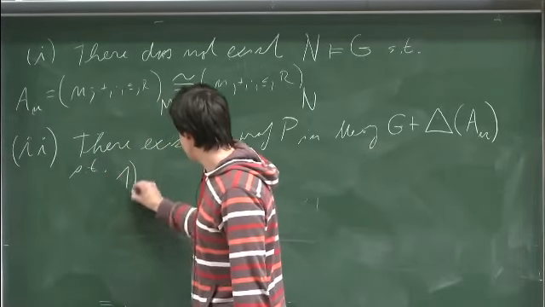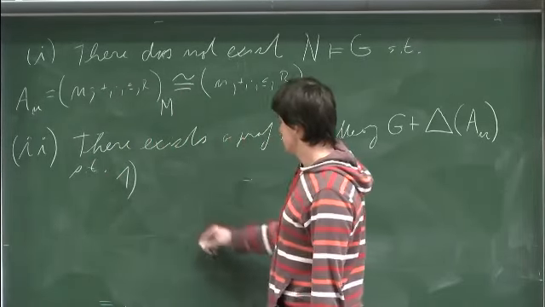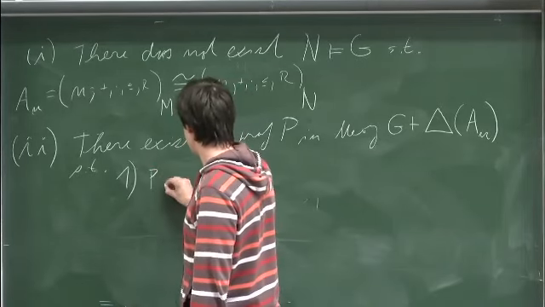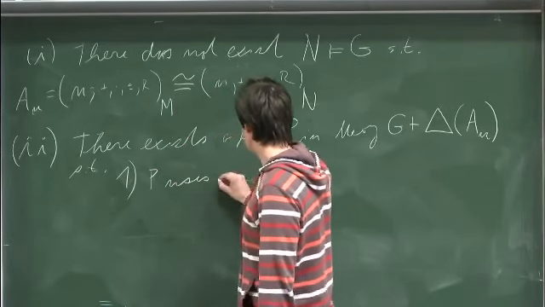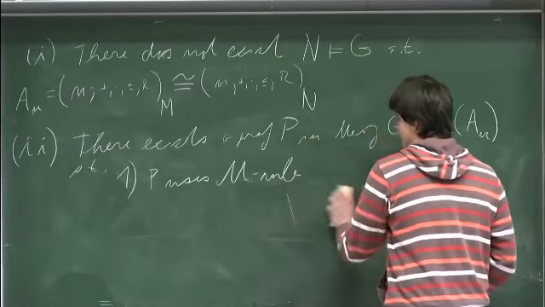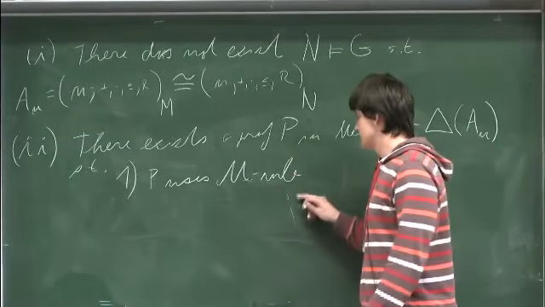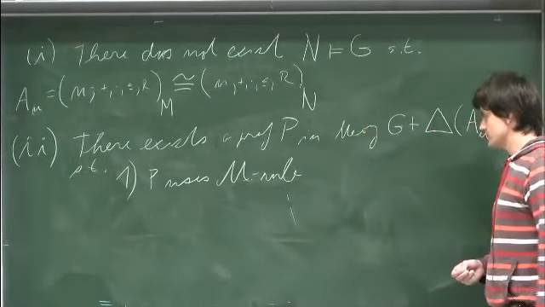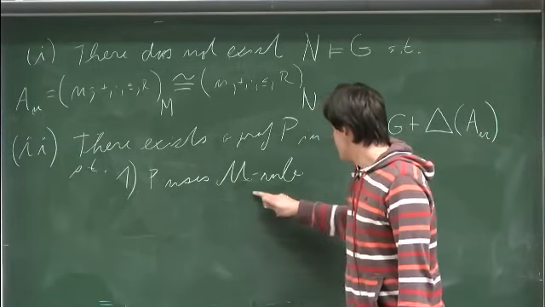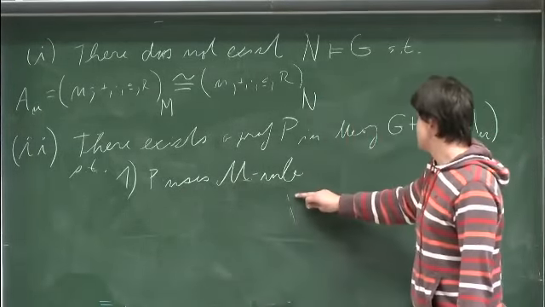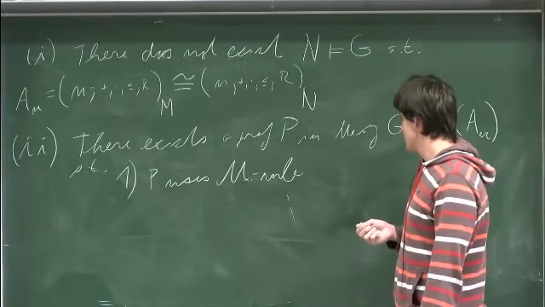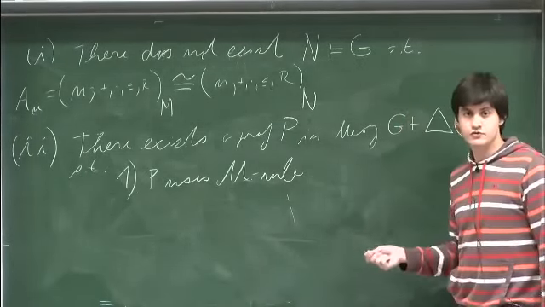So property 1 is that P uses the M rule. This thing is taken from the Kotlarski, Krajewski and Lachlan paper, and basically we add only this rule to some standard predicate calculus.